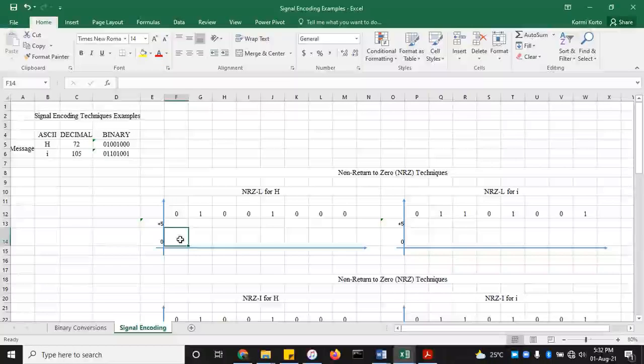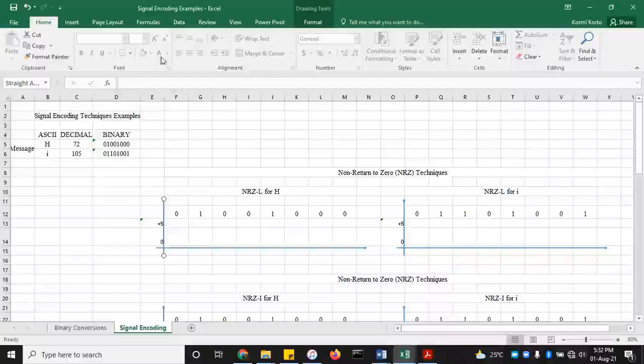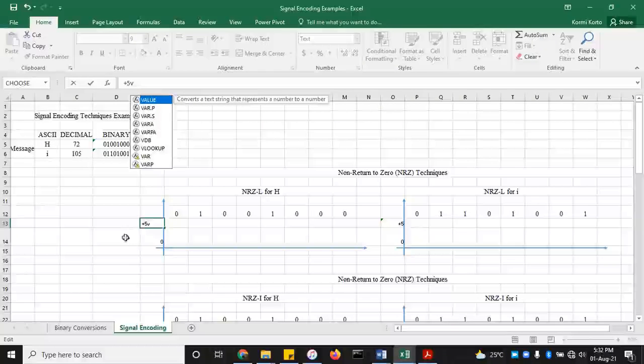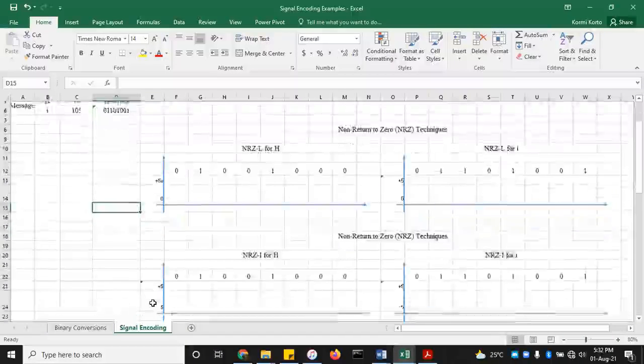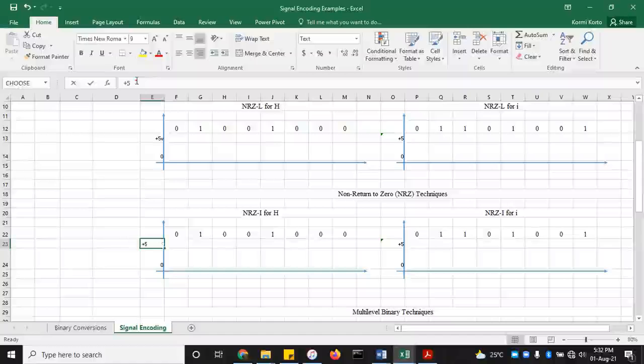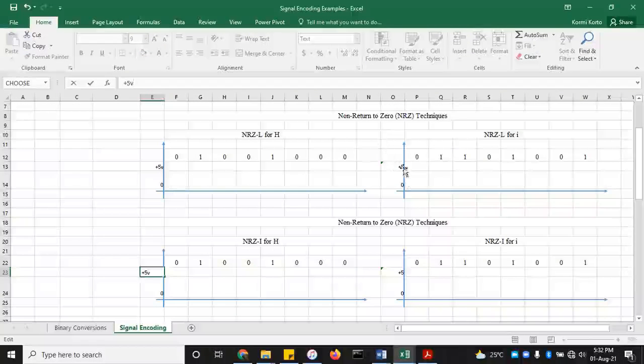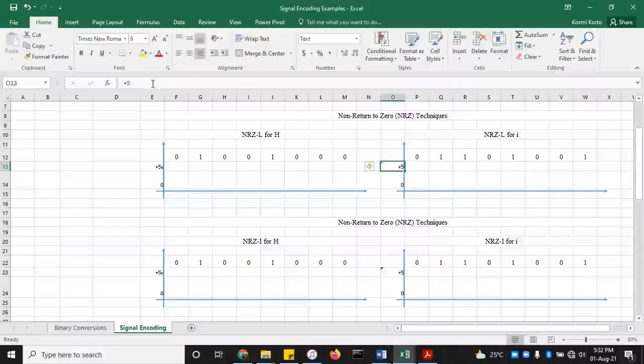voltage pulse start. Now I've used a +5 and a 0 to illustrate the voltage pulses. If you notice, I was saying that computers generally use either voltage pulse or currents to handle their signaling.